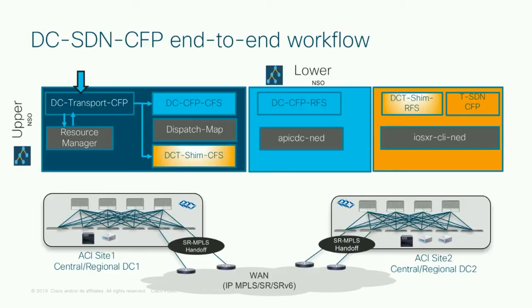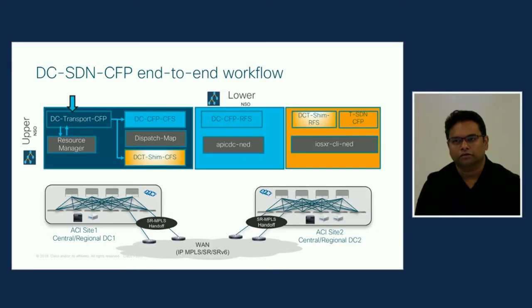At that point, the service is redeployed, and the DC transport CFP converts the L3 VPN request to multiple L3Out service creation requests on the data center core function pack, and DCPE connection service requests on the DC transport core function pack.